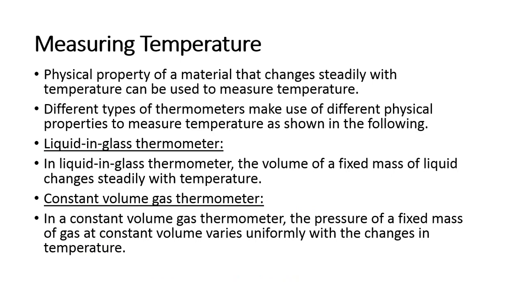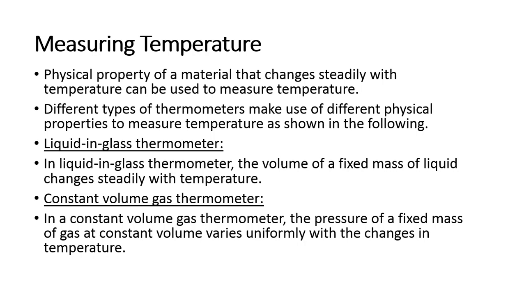So for detecting the temperature, we are using the change in a physical property. We are using this as a tool for detecting the temperature. When there is a change in the physical property of a material, with the help of that we can detect the temperature.